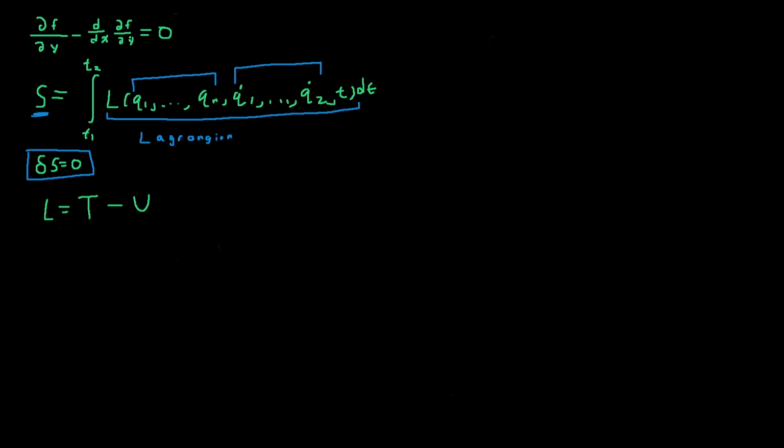Now, generalized coordinates define the configuration of a system. So for example, if I had a particle that was moving in 3 dimensions, our generalized coordinates could be something like x, y, and z, or maybe something in spherical or cylindrical coordinates.